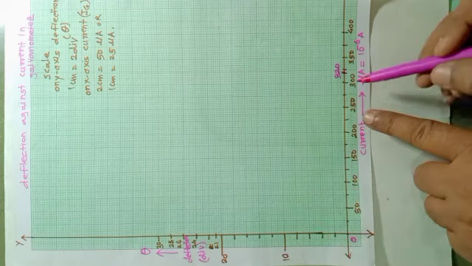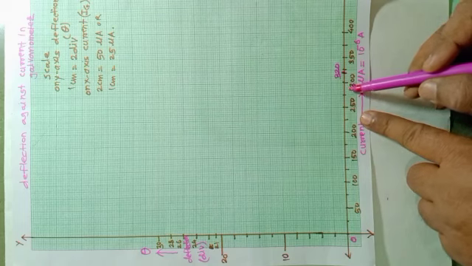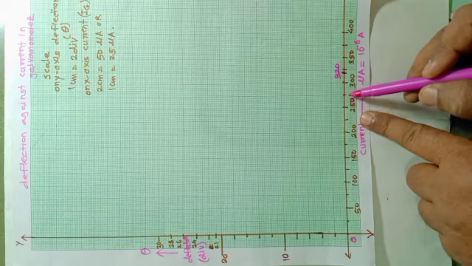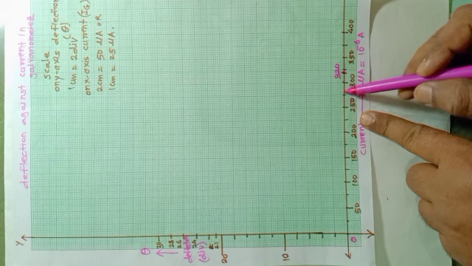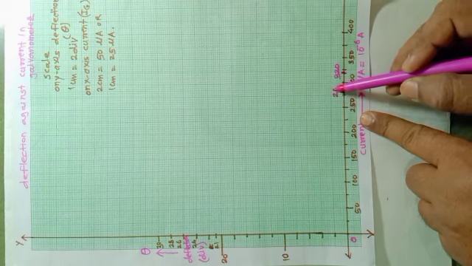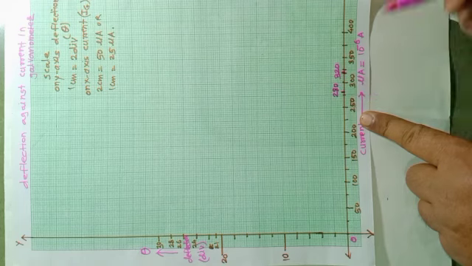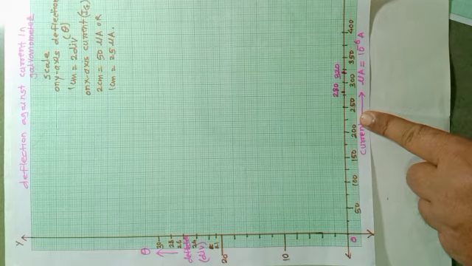Here before 300 and 250. So 250, the 10 lines, it represents 275. Again 2 lines, so it represents 280. The third point on x-axis will be 250.